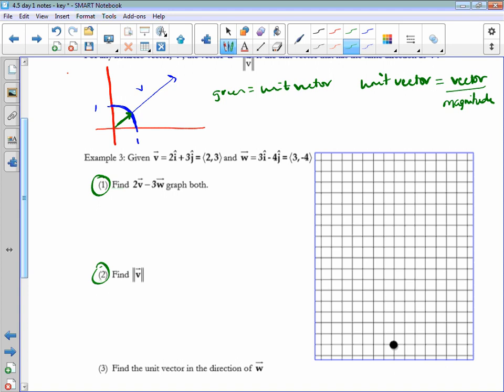That's where we're going to start graphing from. So just hold on to the graphing. Just do the algebraic part, because we're going to graph it a couple of ways.